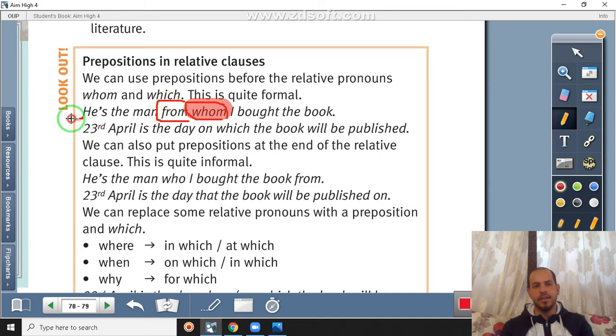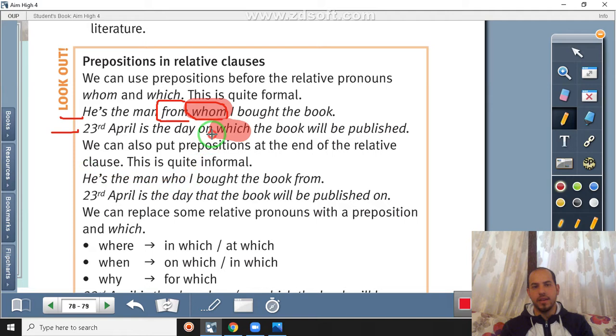Another sentence. 23rd April is the day on which the book will be published. So where is the relative pronoun? Excellent. Which. Do we have a preposition that comes before the relative pronoun which?